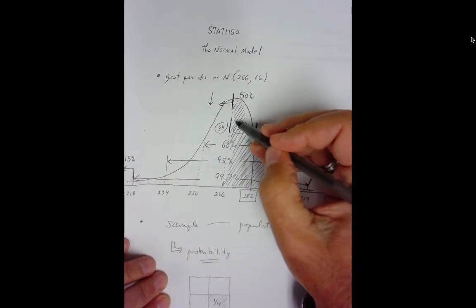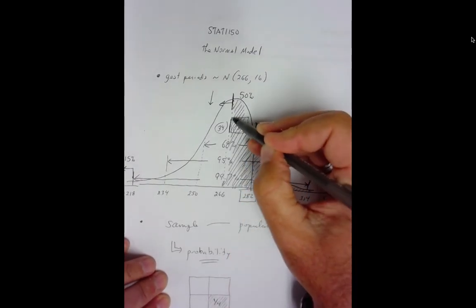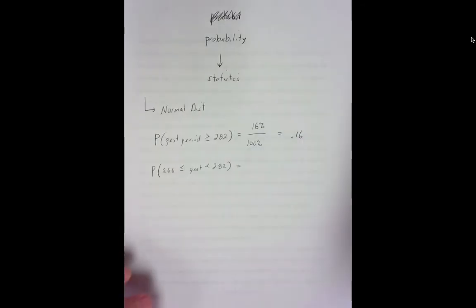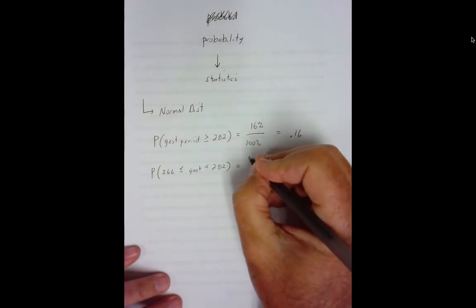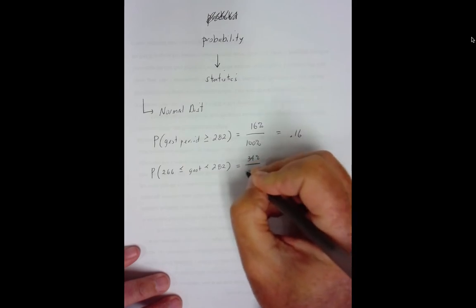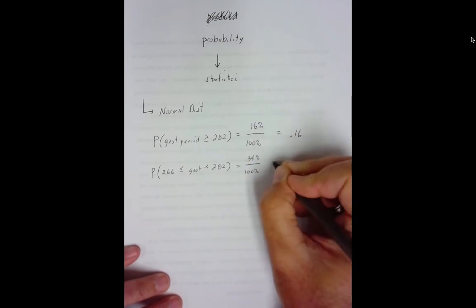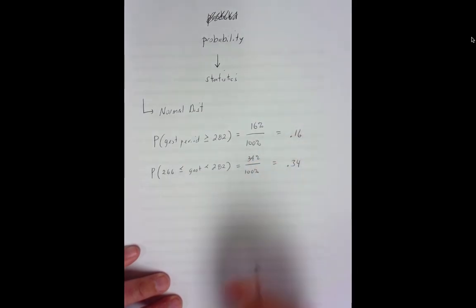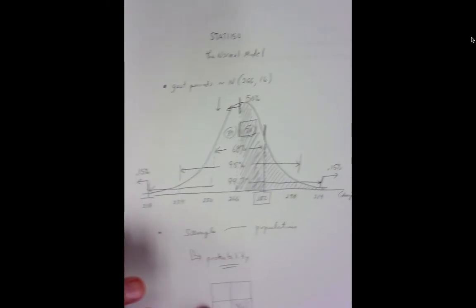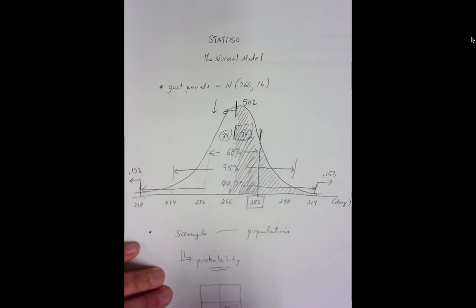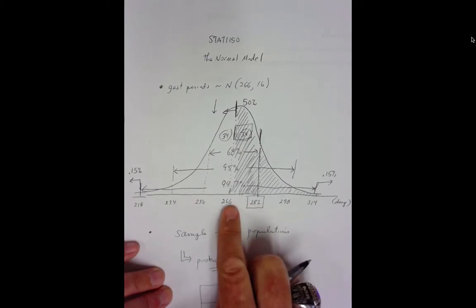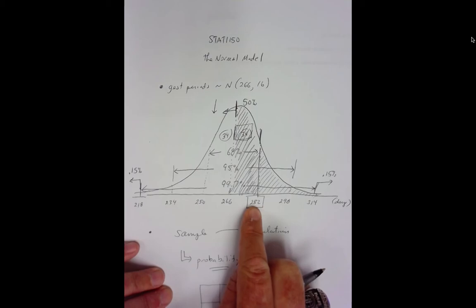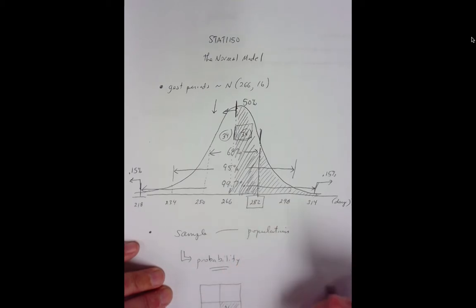And that area we know from the previous drawing was 0.34. So I have 34% out of the total 100%. So the probability would be 0.34 that we would randomly select a woman who is pregnant and her gestation period lasts between 266 and 282.